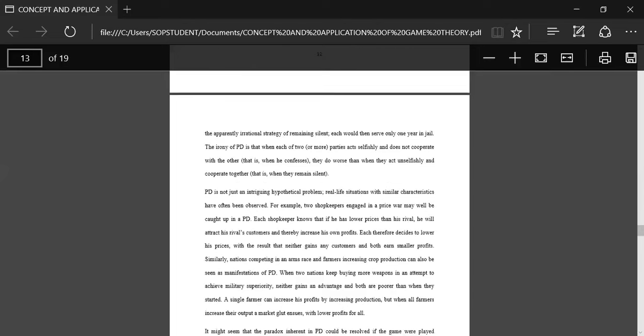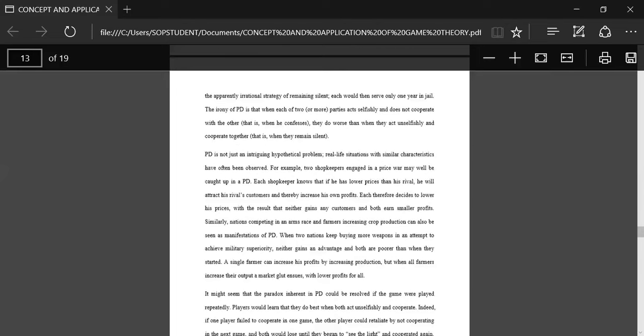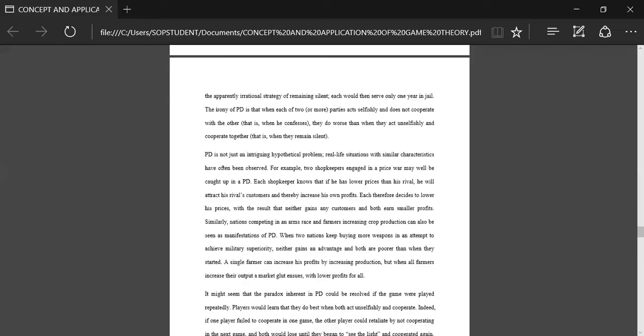Another example is two shopkeepers engaged in a price war, where each shopkeeper knows that having a price lower than that of his rival will attract the customers of his rival to him and increase his own profits.